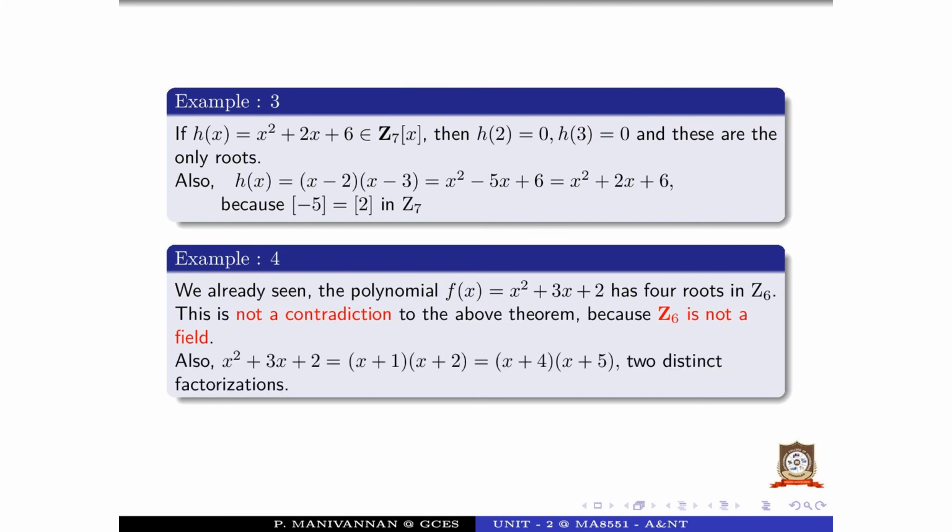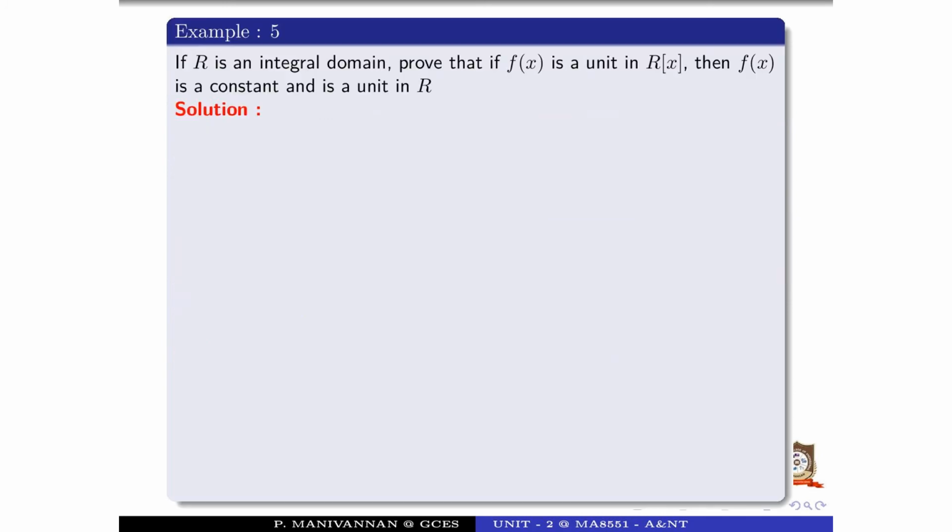It is possible. Also, x squared plus 3x plus 2 is equal to x plus 1 into x plus 2, and also equal to x plus 4 into x plus 5. This polynomial has two distinct factorizations, but over a field we have unique factorization.